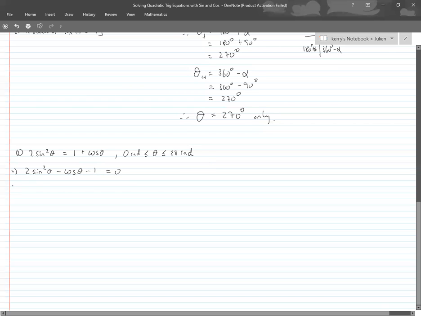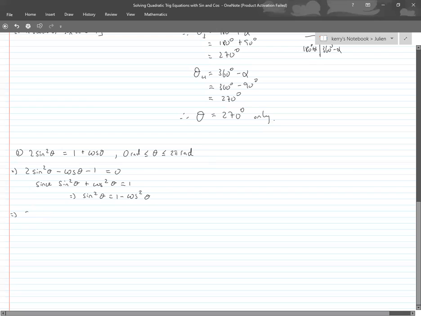Now, again, just like we did before, we know that we can't solve this as is. So what we do, we change the sine squared into 1 minus cos squared. Since sine squared theta plus cos squared theta is equal to 1, this will give us that sine squared theta is equal to 1 minus cos squared theta.